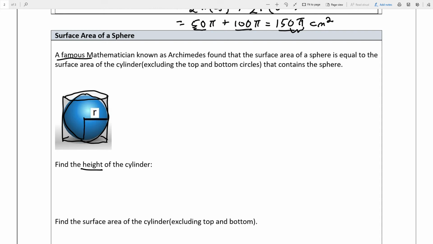That is because if you take the center of the sphere and find the length to the bottom edge of the sphere, that's going to be r, the radius. And if you take the length from the center of the sphere to the top edge of the sphere, we get r again. So the height must be 2r, which is r plus r. So the height is equal to 2 times r.